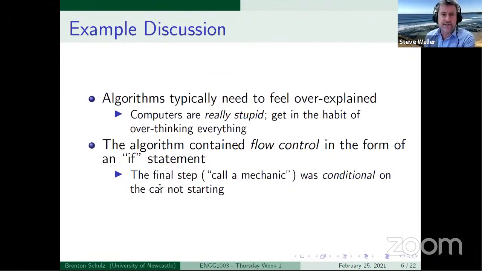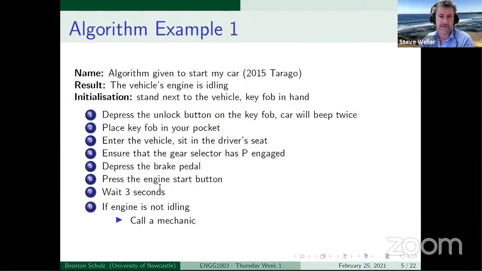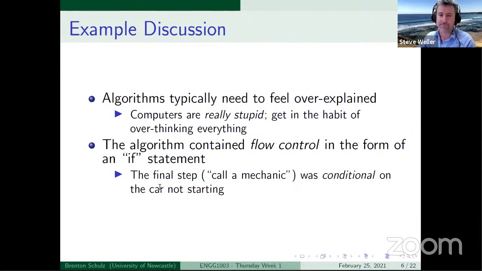So to discuss this example, we've mostly discussed it on the way through, but you might think, who's ever thought of an algorithm for how to start a car before? You might think that algorithms in the form that you see here on the slides are over-explained.